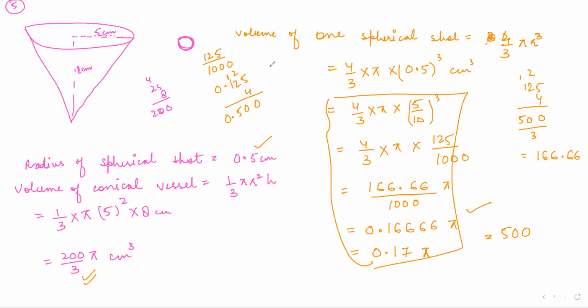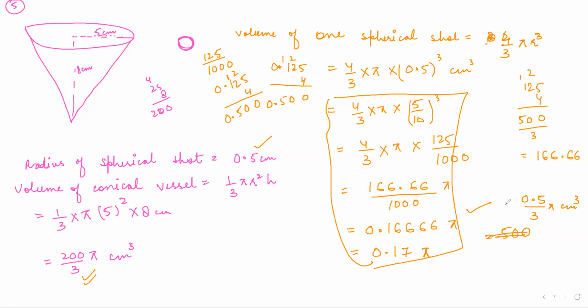Is this correct? I have done the multiplication. Yeah, 0.5, sorry. So I get 0.5, and then you can divide by 3 and pi centimeter cube.